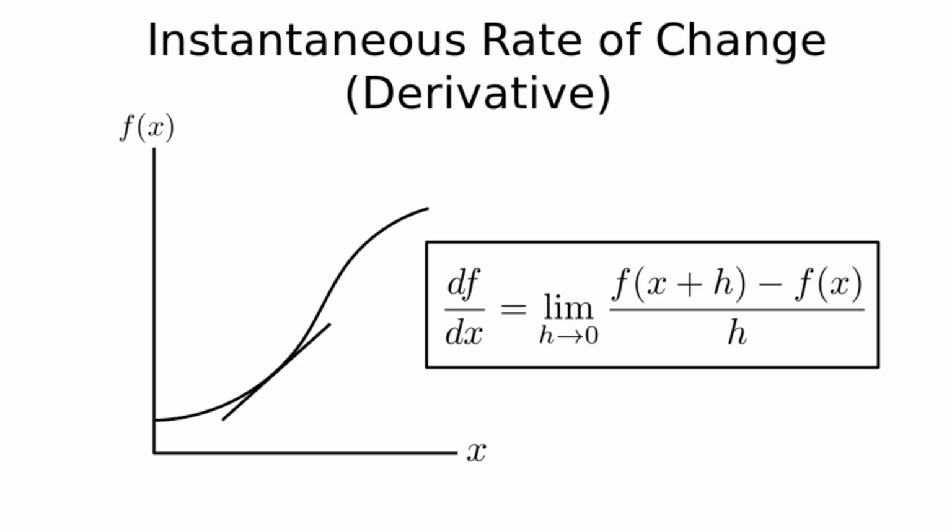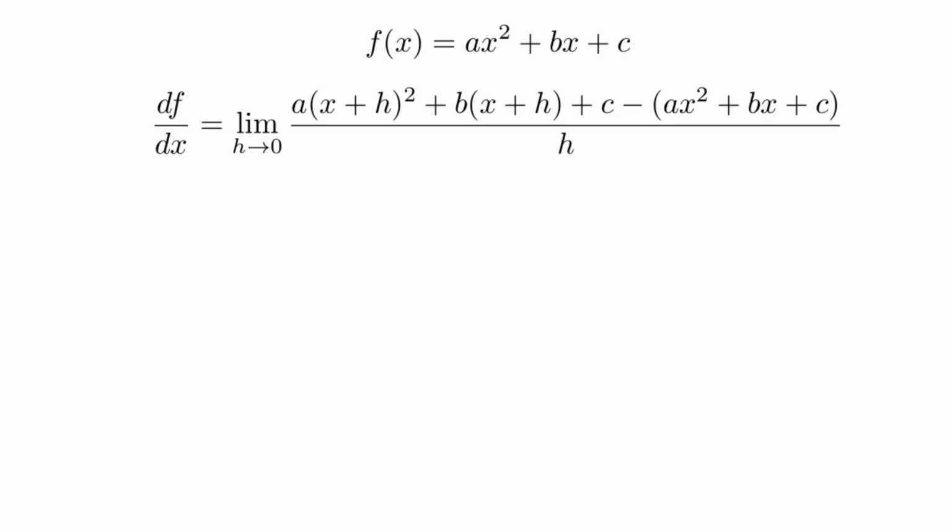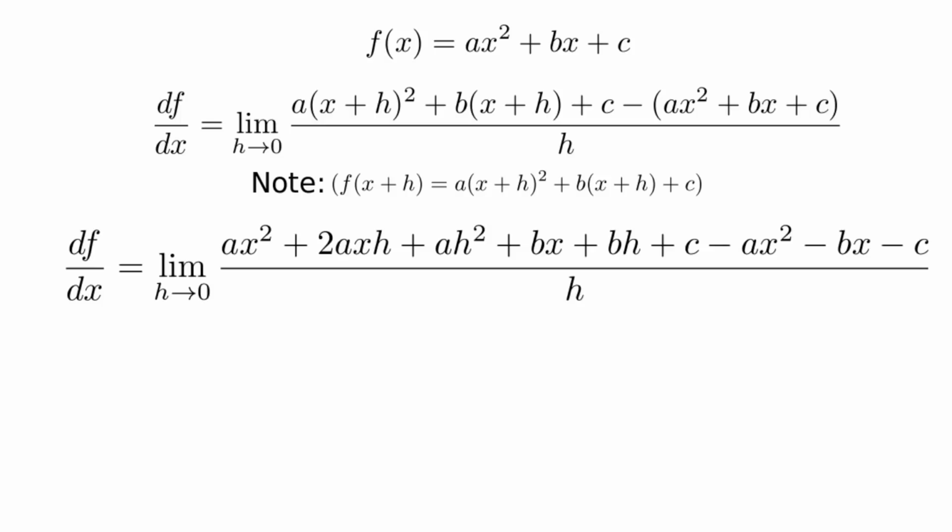As a simple example, let's consider a general parabola given by f of x is equal to ax squared plus bx plus c. Now we can plug this into our formula for the average rate of change. Note that for f of x plus h, we plugged in x plus h everywhere we had an x in the original equation. Now we can expand this out and we see that a lot of terms cancel.